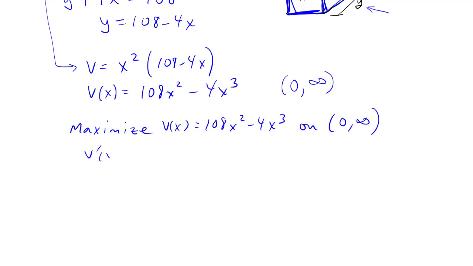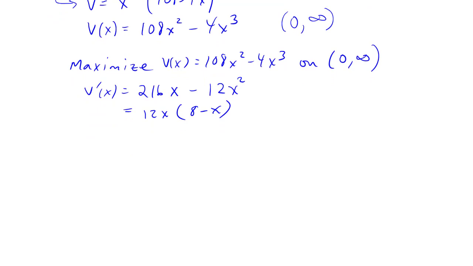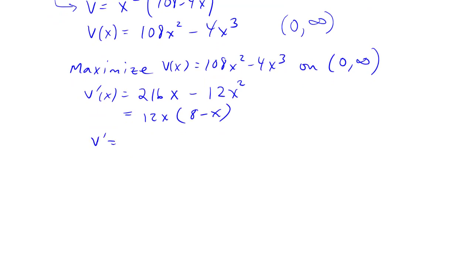So we need the derivative, which would be 216x minus 12x squared, which, factoring out a 12x, is 12x times 18 minus x. Sorry, I said 8 at first, but that's 18: 12 times 18 is 216. So we do our normal thing and ask when is the derivative equal to 0. x equals 0 and x equals 18.